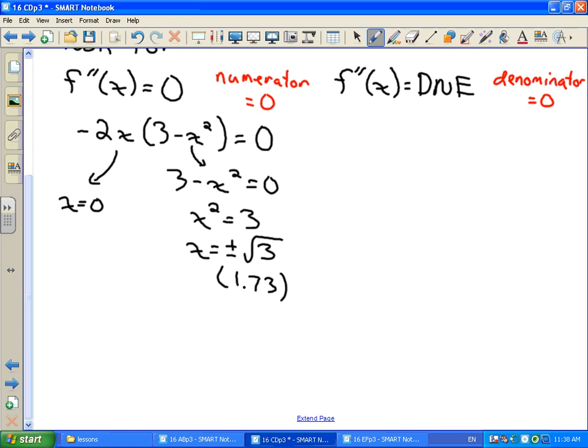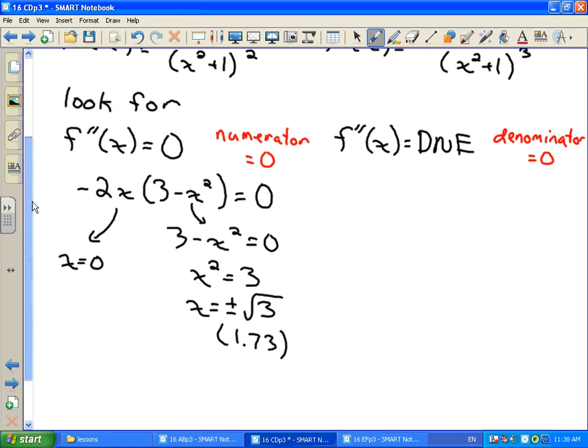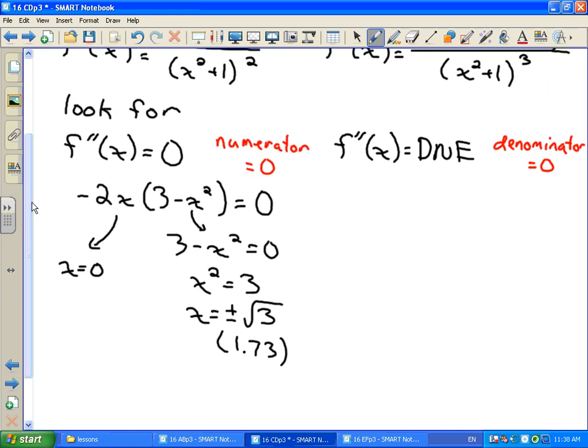What about where our second derivative doesn't exist? Let's see. We've got our denominator is (x squared plus 1) cubed. Let's set that equal to 0. Take the cube root of both sides. x squared plus 1 equals 0.